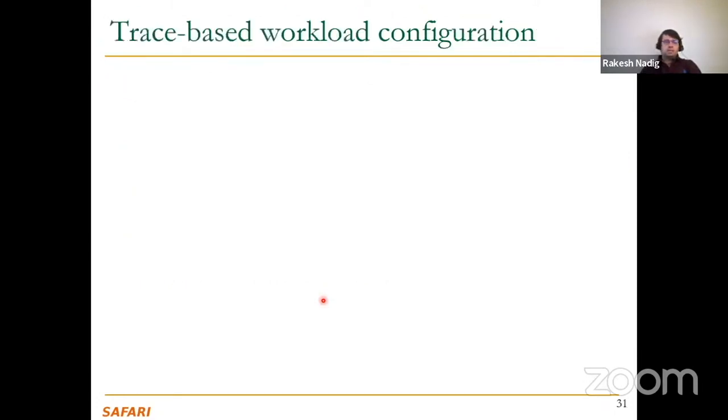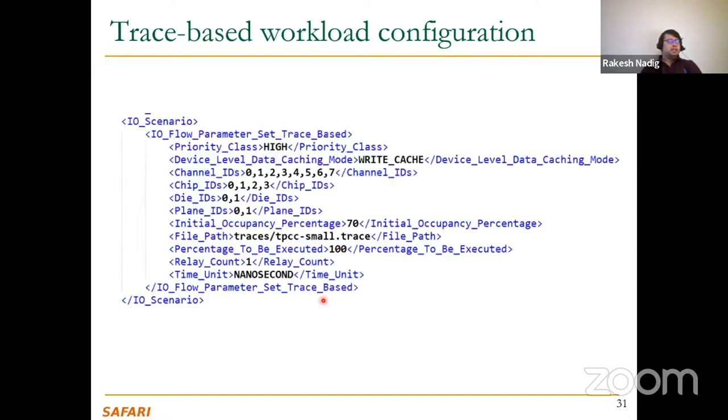Then we look at the workload configuration. So as I mentioned, there are 2 types of workload that we can use with the simulator. One is a trace-based workload, where we can define an IO scenario within this XML file, the workload.xml, which defines a trace-based workload configuration. So this has many parameters which will define the workload that we use in the experiments.